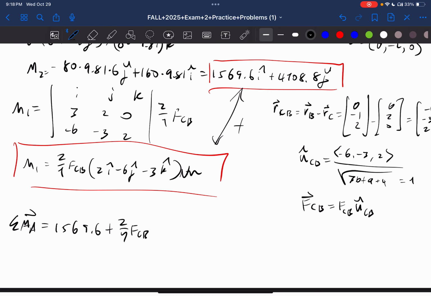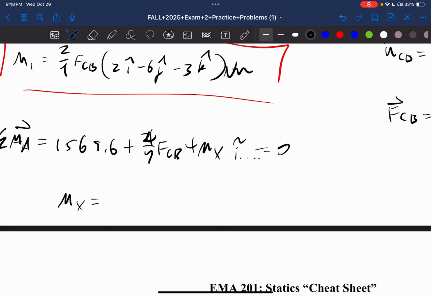Then obviously add up the J and K components. This is all going to be equal to 0 eventually, so we can just solve. So let's subtract this over to the other side. We're going to get 1569.6 plus 4/7 FCB.